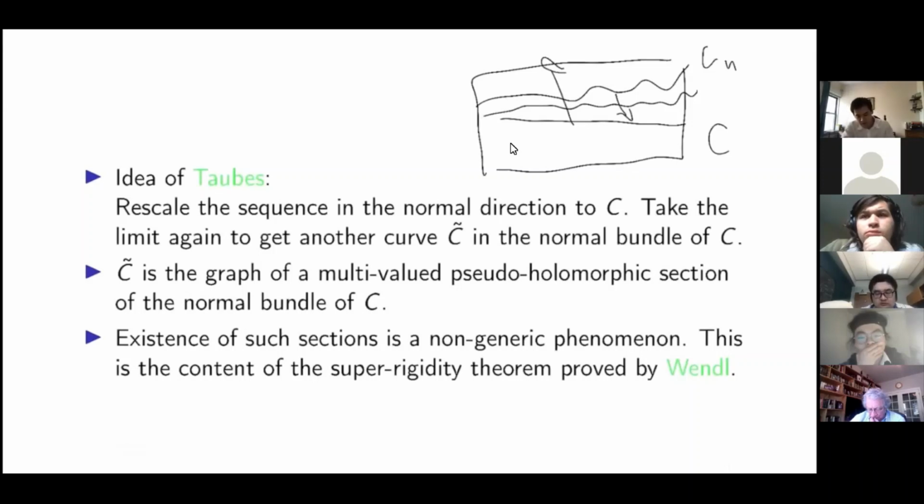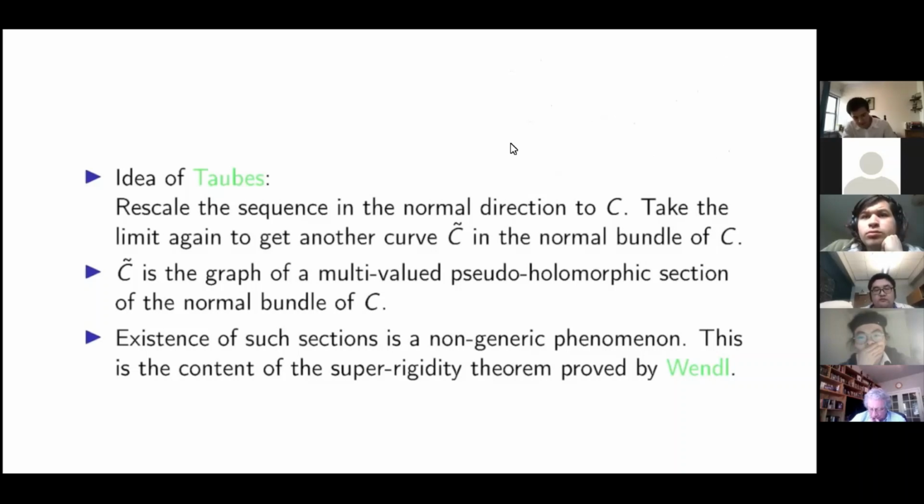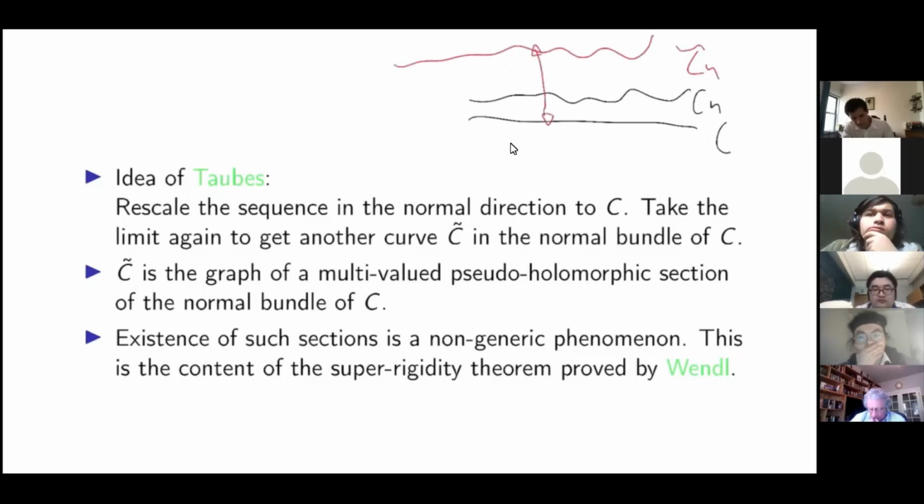The original sequence was collapsing to C, but now I can always rescale so that the sequence is at Hausdorff distance 1 from the limiting curve. So if this is C, I have some C_n, and I consider C_n twiddle, which is rescaled so that the Hausdorff distance is 1.